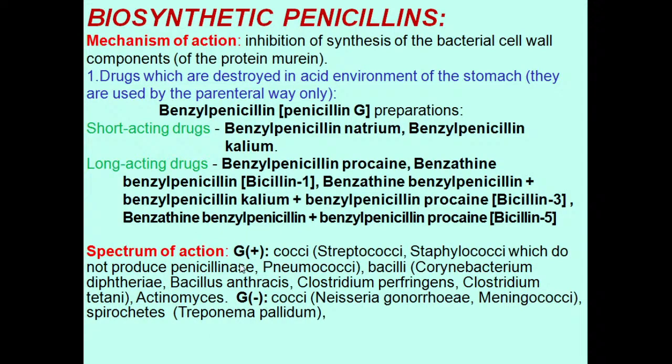It includes gram-positive cocci: streptococci, staphylococci, nowadays those which don't produce penicillinase, pneumococci, and bacilli: Corynebacterium diphtheriae, Bacillus anthracis, Clostridium perfringens, Clostridium tetani, Actinomyces, and some gram-negative cocci, Neisseria gonorrhoeae or gonococci, meningococci, and spirochetes, Treponema pallidum.